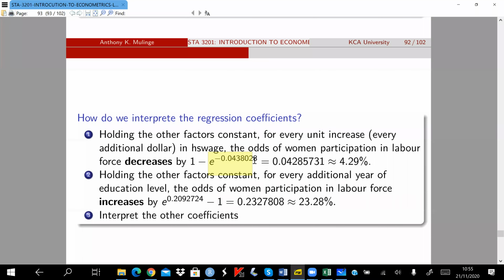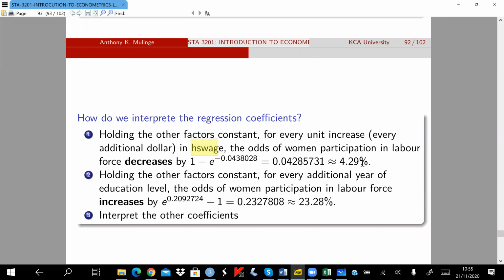That tells you that the amount of decrease is 1 minus that value, so 1 minus 0.9571, which is 0.0429. Then you convert this into a percentage, which gives you 4.29%. So holding the other factors constant, for every additional dollar earned by the husband, the odds of women participation in labor force decrease by 4.29%.